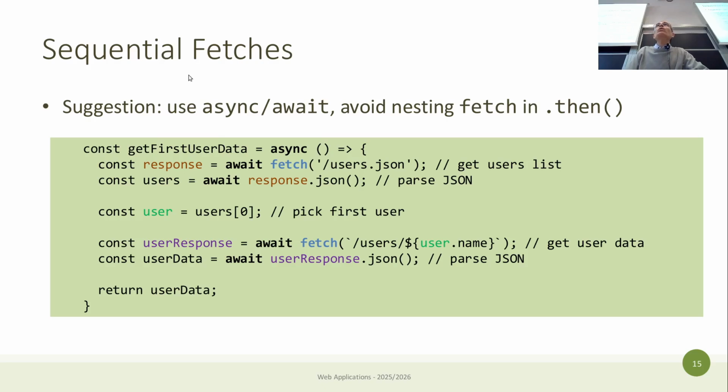You can do more than one fetch. Fetch is just an asynchronous function. It returns a promise. So once you load the resource and you discover you need something else, run a fetch again. Do another fetch. That's fine. For example, const response = await fetch of the users JSON, the list of all users. We identify the first user in the list, and regarding this user, we want some additional information.